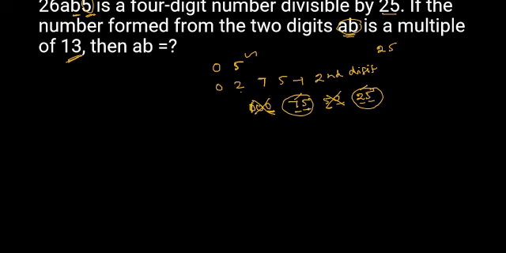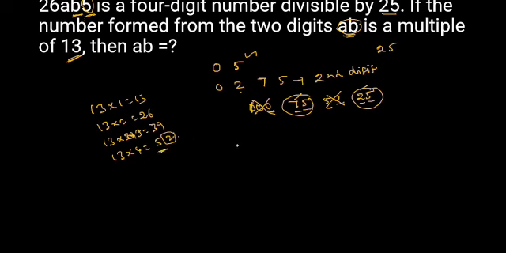So which value is a multiple of 13? 13 into 1 is 13, 13 into 2 is 26, 13 into 3 is 39, and 13 into 4 is 52. So obviously the AB value should be 52. B value should be 2 and A value should be 5. So the only possible number is 52.